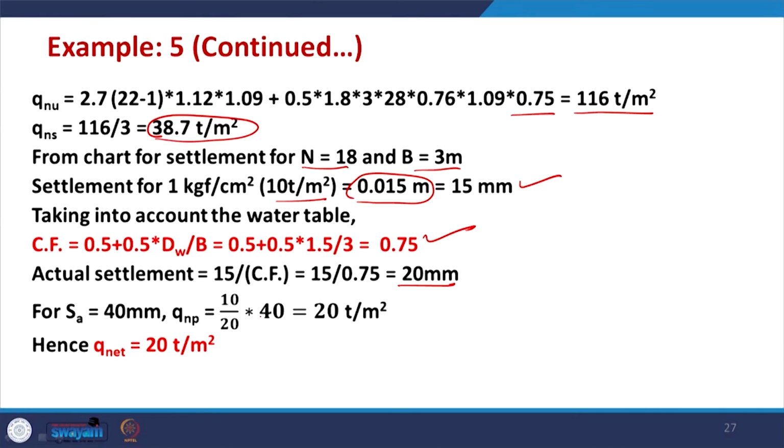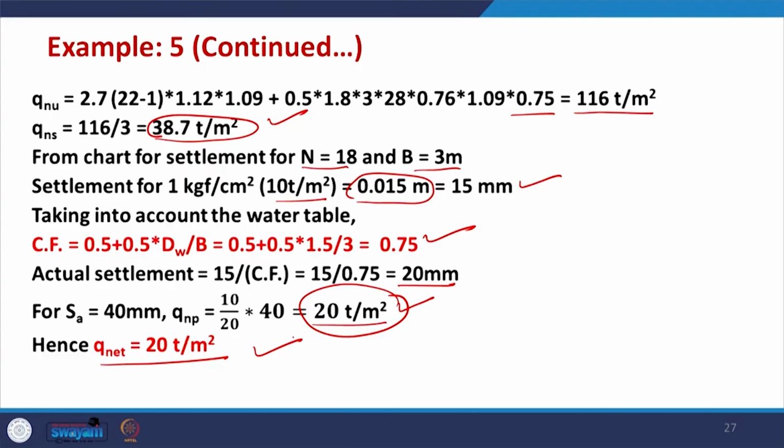So, that means instead of 10 ton per meter square, this intensity could be double of that. So, 20 ton per meter square. Now, out of these two numbers, 20 ton and 38.7, the lower one will govern, and your final answer is Q net 20 ton per meter square, the net loading intensity.